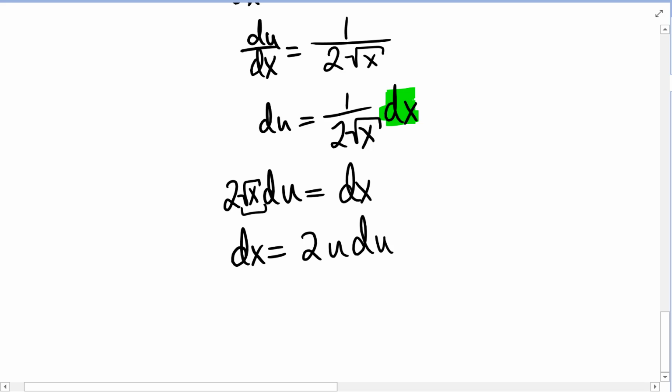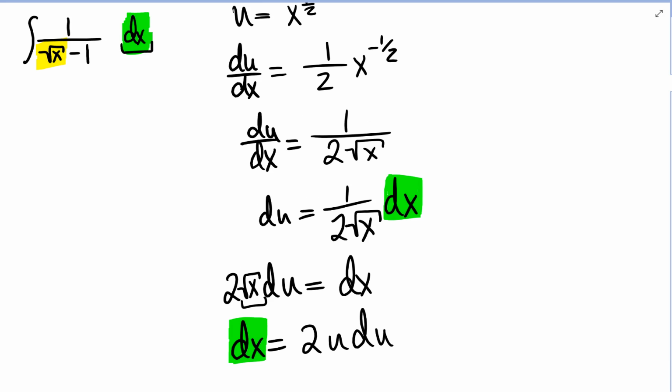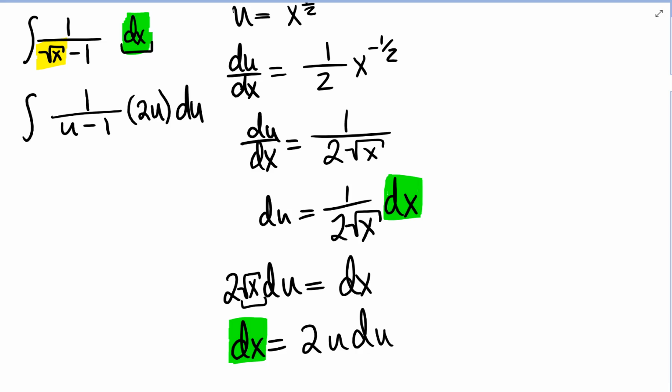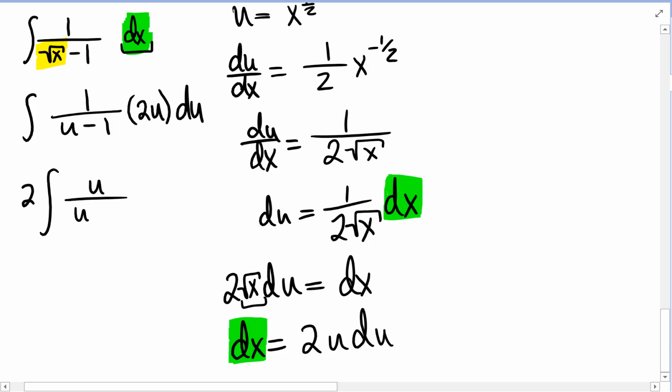That is what dx is equal to. After doing this, I think we can turn this entire integral in terms of u. I'm going to take the 2 out of the integrand, so I have 2 times the integral of u over u minus 1 du, and now it's time to integrate.